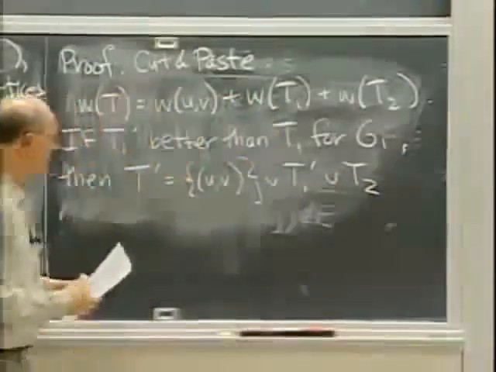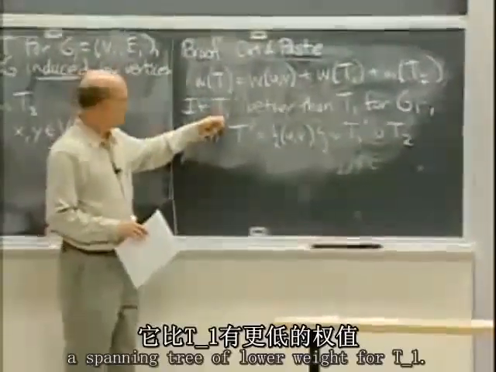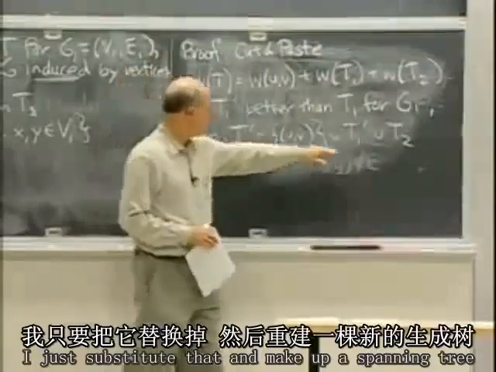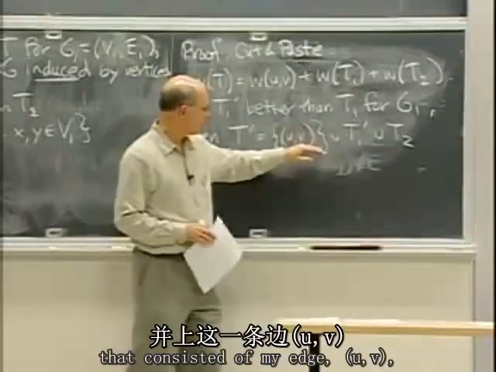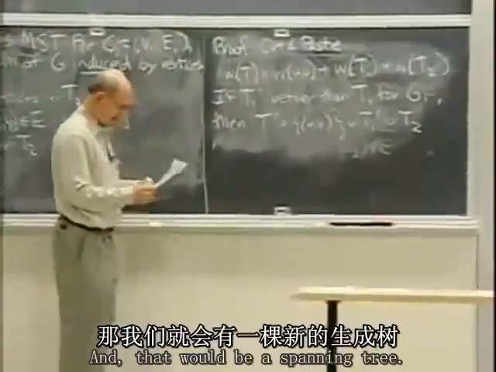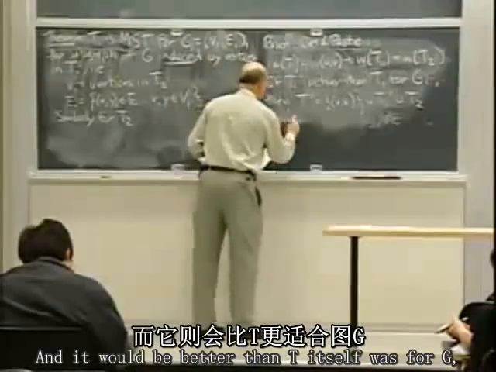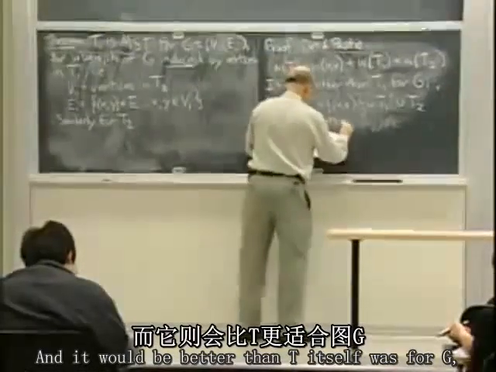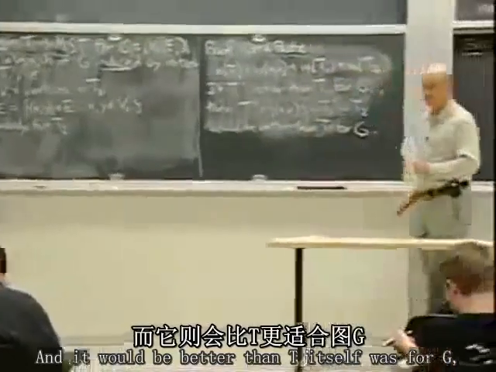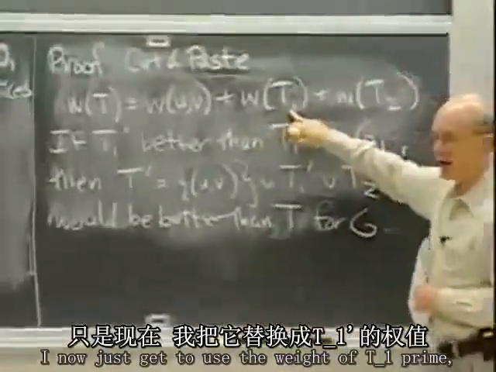So if I had a better spanning tree, a spanning tree of lower weight for T1, and I call that T1 prime, I just substitute that and make up a spanning tree that consisted of my edge UV, whatever worked well for T1 prime, and whatever worked well for T2, and that would be a spanning tree, and it would be better than T itself was for G. Okay, because the weight of these is just as the weight for this, I now just get to use the weight of T1 prime, and that's less.